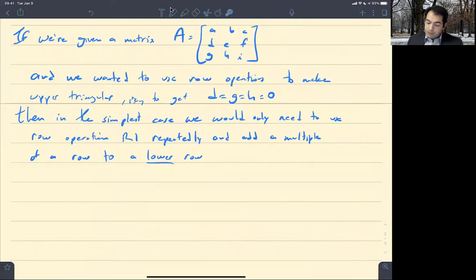So what do I mean by the simplest case? Well, what you'd want to do to start with is, let's get rid of this d and this g using a. As long as a is not 0, I can add a multiple of this row to this one and get rid of d and g, make them 0. Now, when I've done that, I've changed e, assuming d was not already 0. I've changed e, but if we're lucky, when we've gotten to this step, e is not 0.